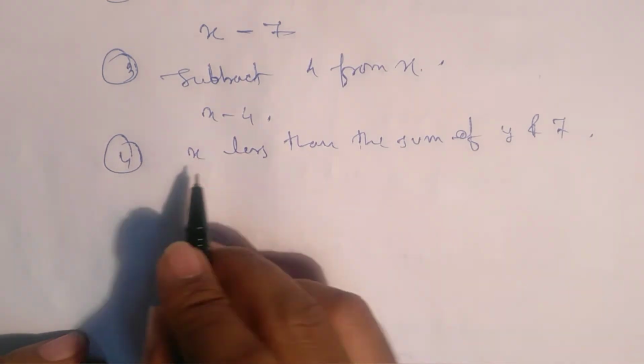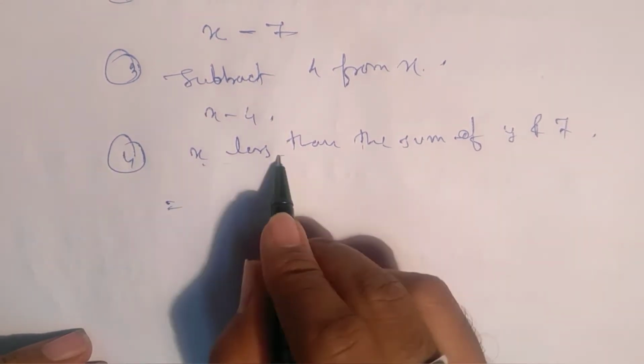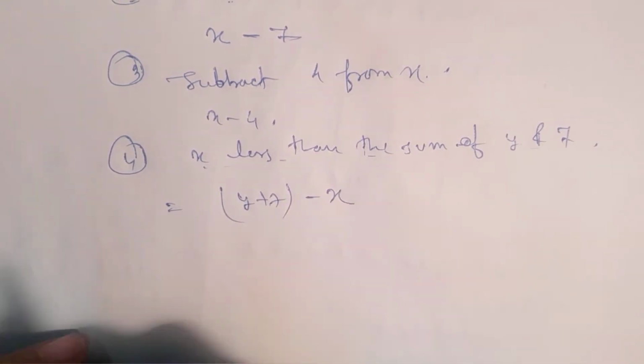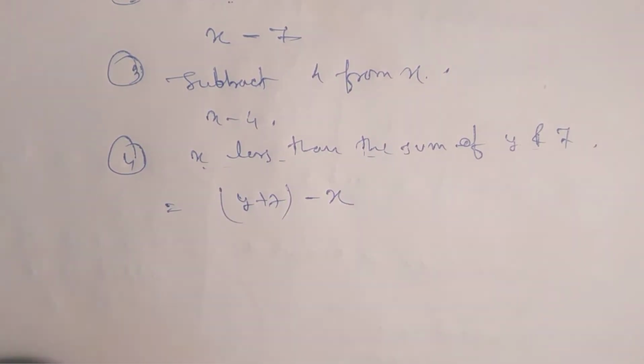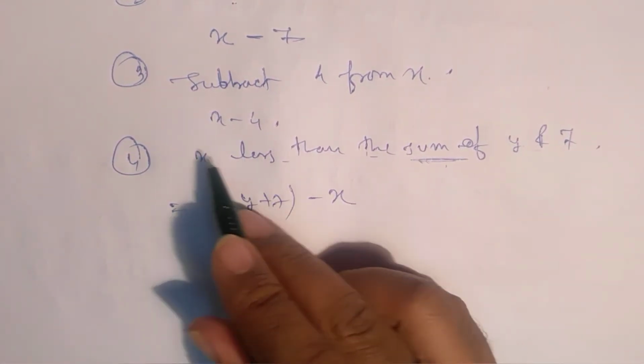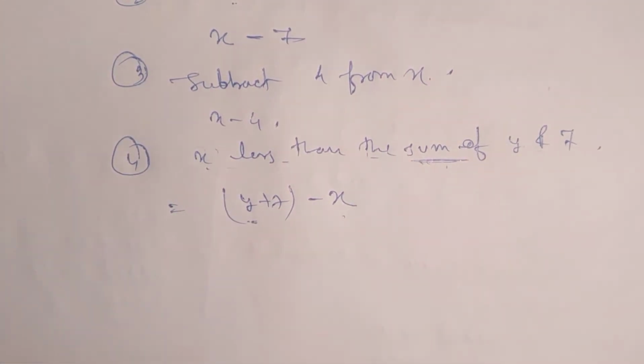Take it in this order. That means x is less than what? Than the sum of y and 7. So do it like this: y plus 7, add them as there is a sum, and subtract x from it.